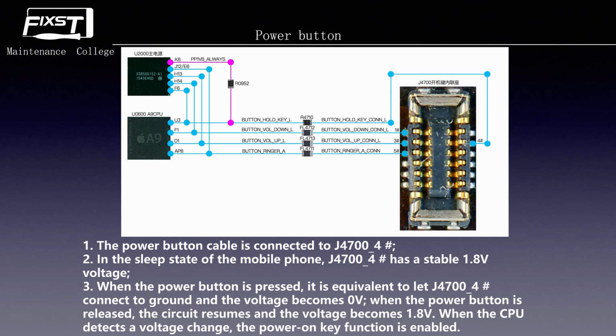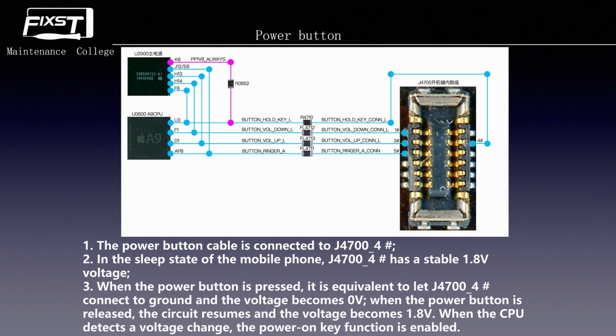The second is when the phone is plugged in and connected to the charger, it can also power on. When we press the power button and the phone does not power on, but when we connect the charger and the phone turns on, and after it turns on we press the power button and nothing comes out, it means that the power button has some problem.